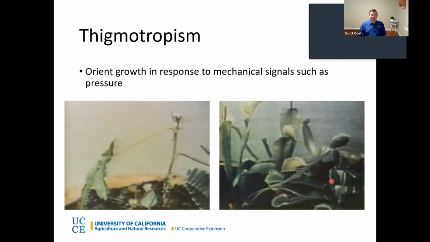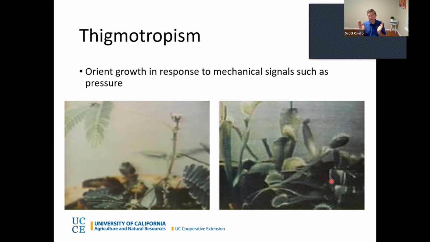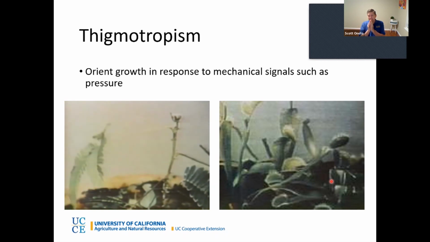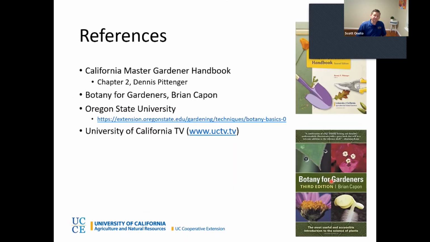And then the other plant here is, of course, the Venus flytrap, which is here on the right. There are some specialized triggers in these modified leaves. So when an insect passes over these triggers, it'll cause the leaf to very quickly close, capturing that meal. So another great example of thigmotropism.